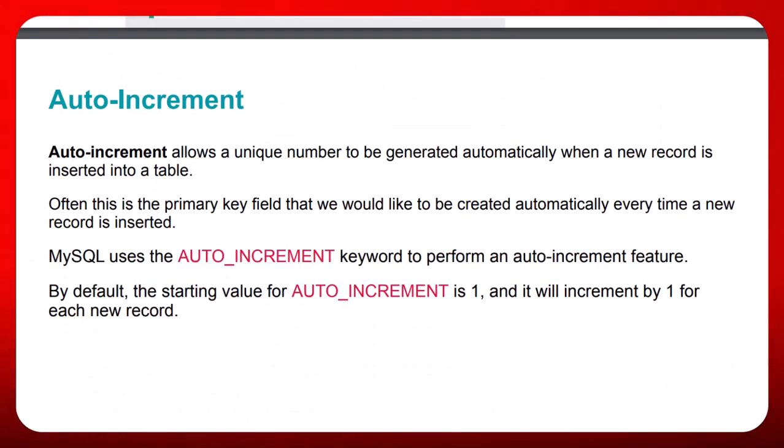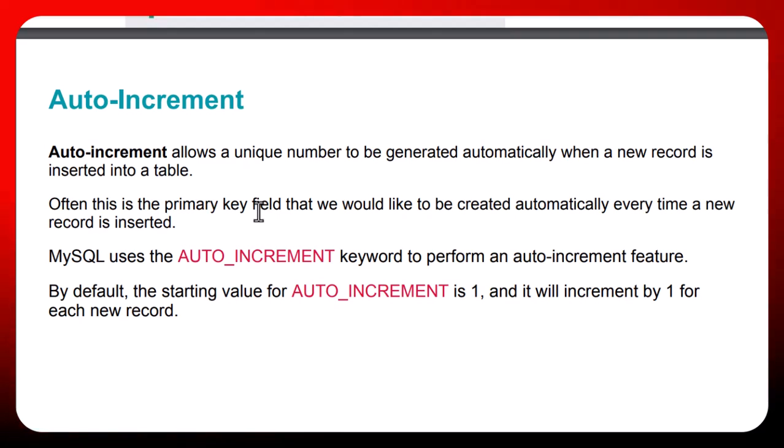Okay, now let me say one of the important statements in MySQL is auto increment, which allows a unique number to be generated automatically when a new record is inserted into a table.